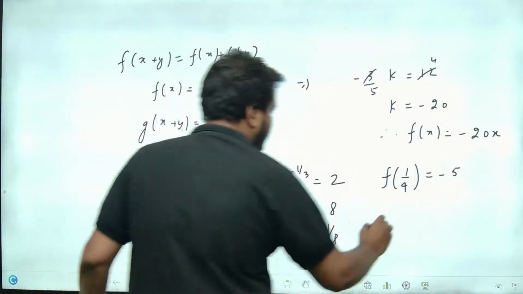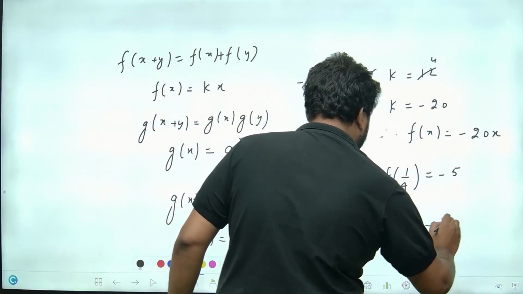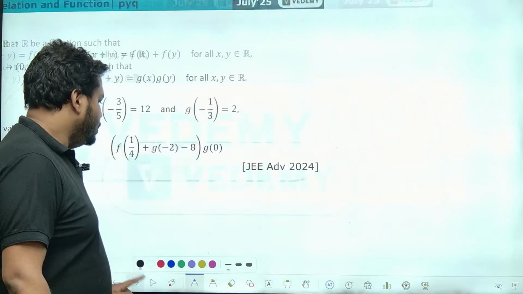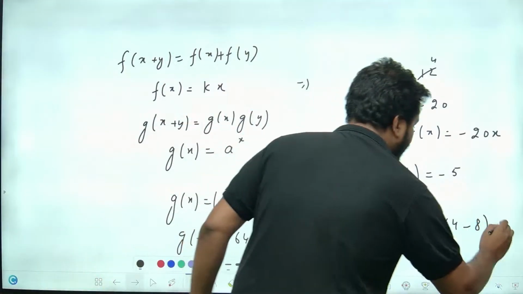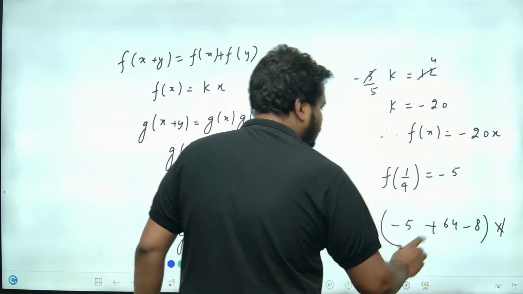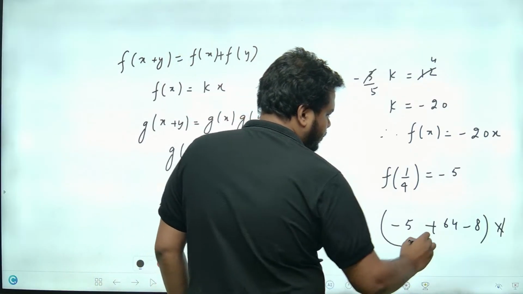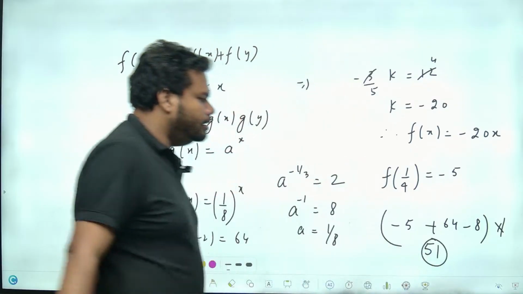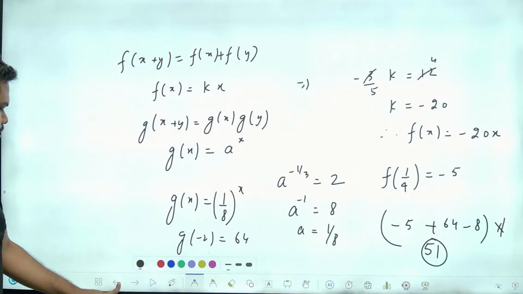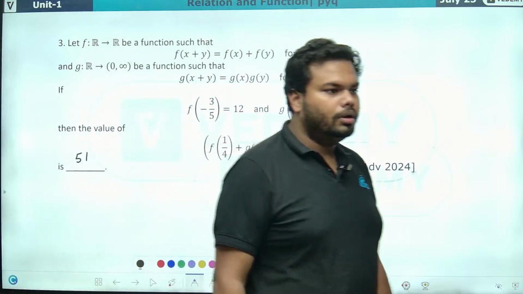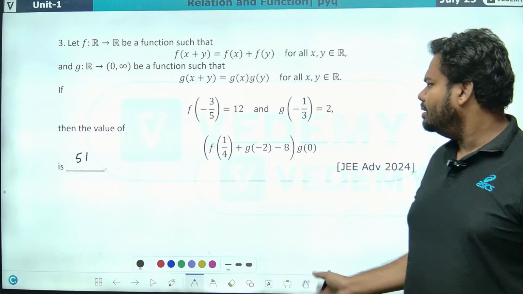Therefore, minus 5 plus 64 minus 8 into what? G0. G0 is nothing but 1, into 1. What is it? Tell me. Calculate. 51. 51 is the correct answer. So it is 51. Simple question.